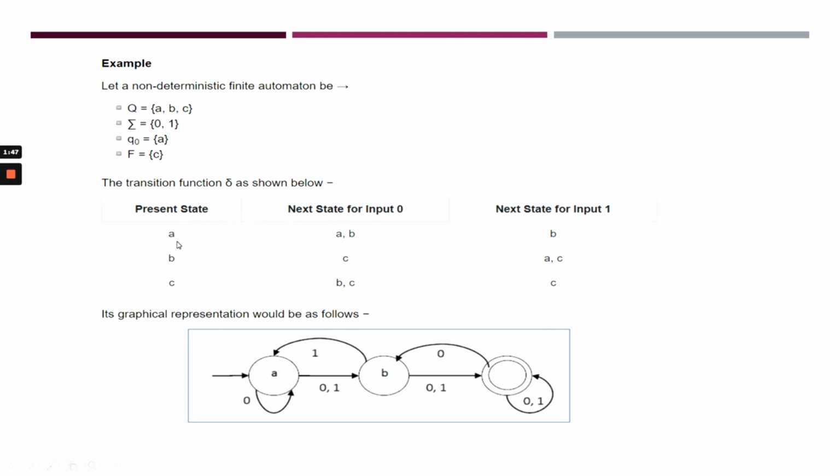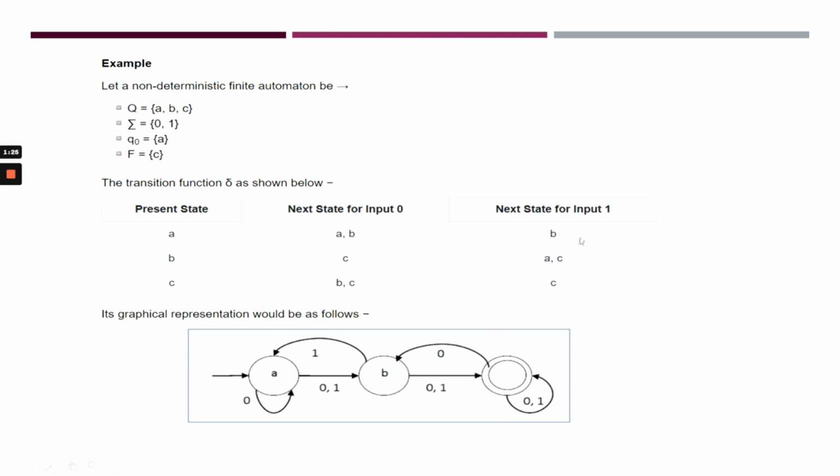So if the input for A is 0, then it goes to B and A. So 0 and 1, it is represented like this. For B, if the input is 0, then it goes to C. For C, if the input is 0, it goes to C itself and B again.